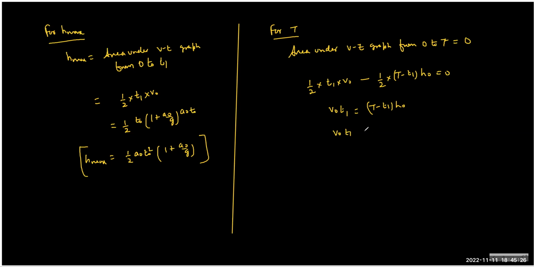And H naught itself is g into this one, right? So V naught T1 by g, and T1 we got, V naught also we got.